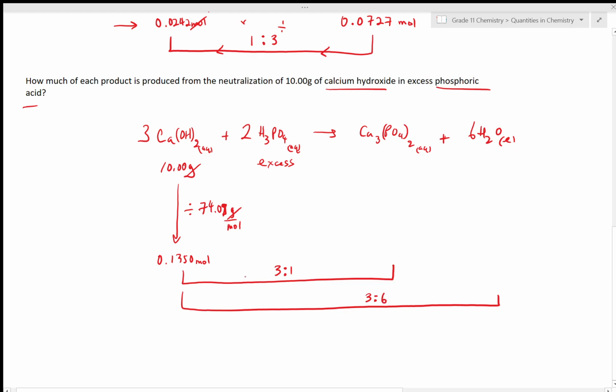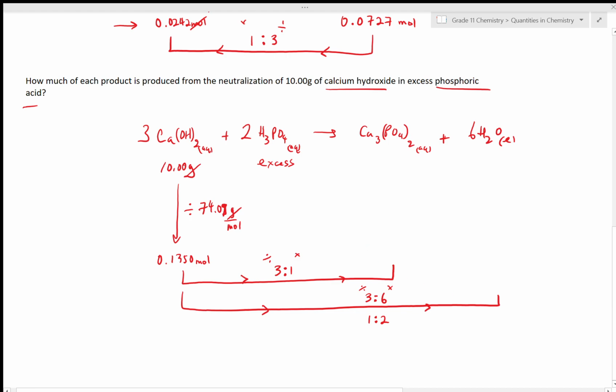So again, the train is moving in this direction over here. And so the first number I interact with I will divide by, and the second number I will multiply by. Same thing down here, divide by 3, multiply by 6. Now some people may not write 3 to 6, they may write 1 to 2 because they're able to reduce it. If you don't reduce it, it's not a big deal. If you do reduce it, it's not a big deal, whatever you like to do.